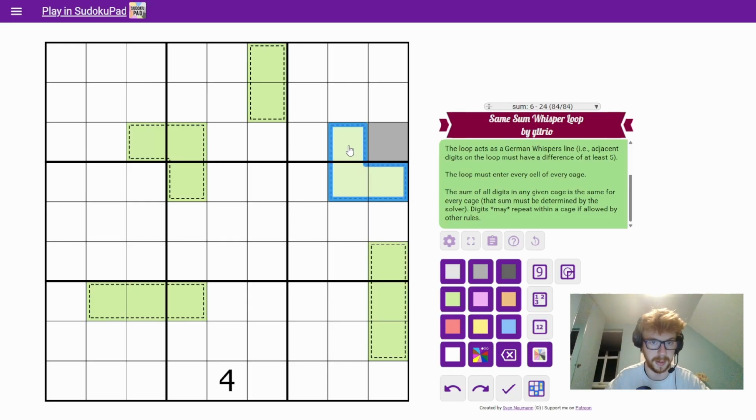Because, right, it enters through here, and it must exit somehow, so it must exit there, connecting this part. Now that cannot be on the loop, that cannot be on the loop, and that cannot be on the loop. That's all fine. Now that cannot be, and that cannot be.